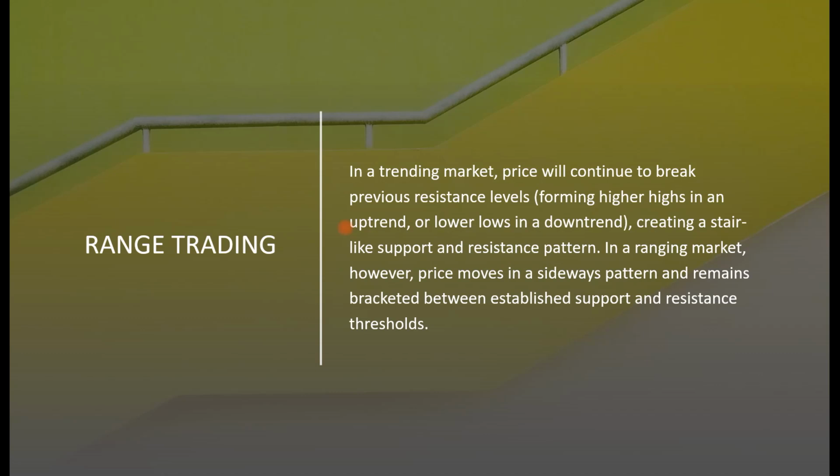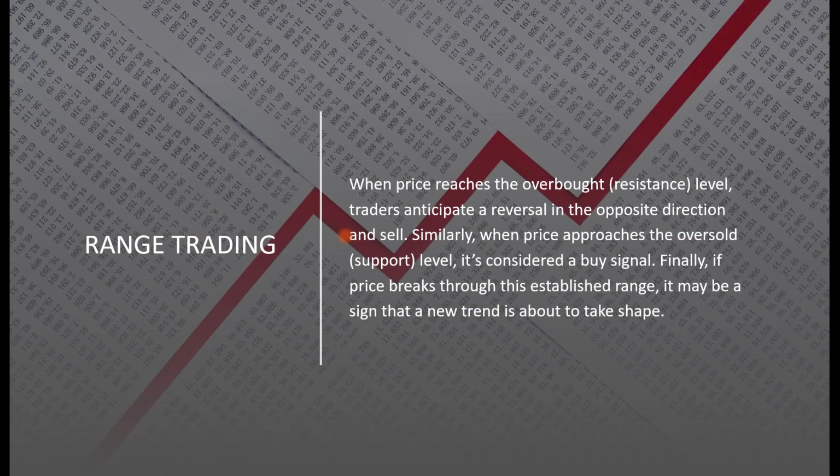Okay, we talked about entrance, push, ease, stair step: up the stairs, down the stairs, up the steps. In range trading, we're jumping up 2 steps, going down 2 steps, back up the 2 steps, down the 2 steps, up the 2 steps. And that's exactly what it will be. So price is in a sideways pattern and remains bracketed between these established support and resistance areas.